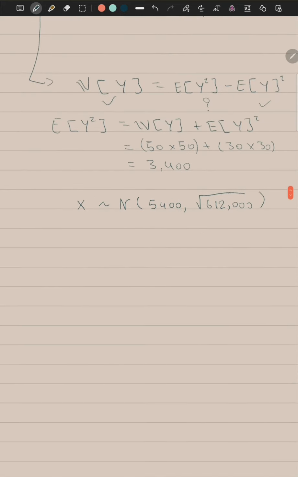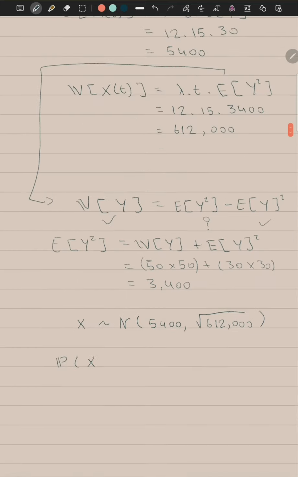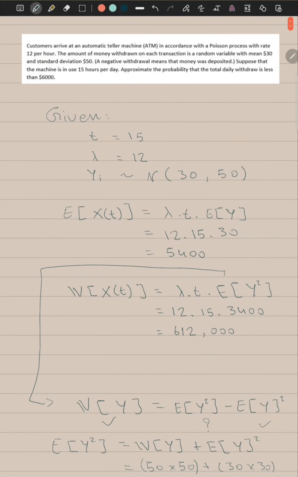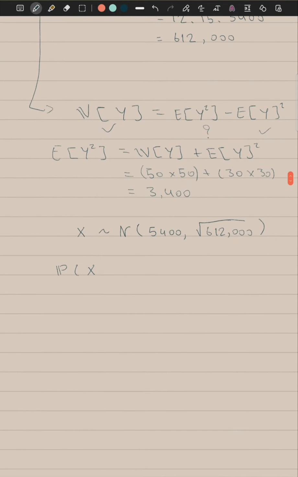As we now have this information, we can find the probability that X is less than 6,000, since the question asks that the total daily withdrawal is less than 6,000.